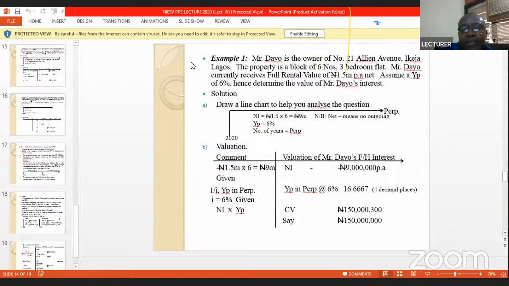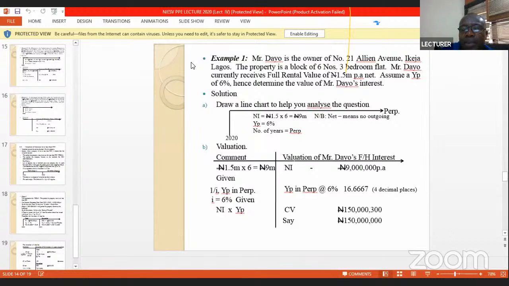If we had used the YP formula, I would have written where it was generated from. If I assume the YP, I would have written my assumption so that whoever looks at your work understands exactly what you are doing.